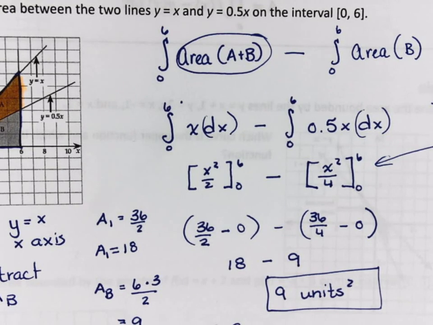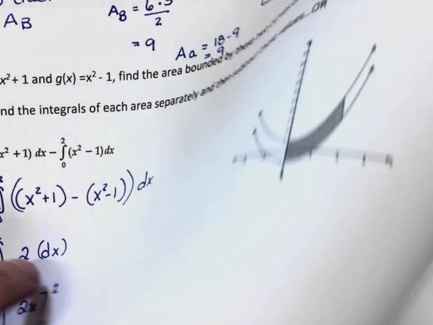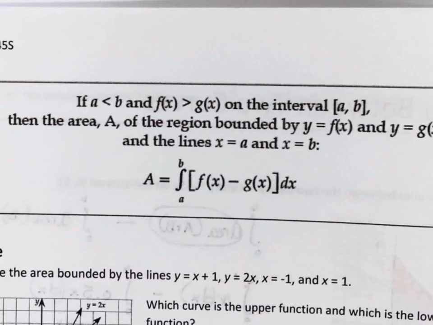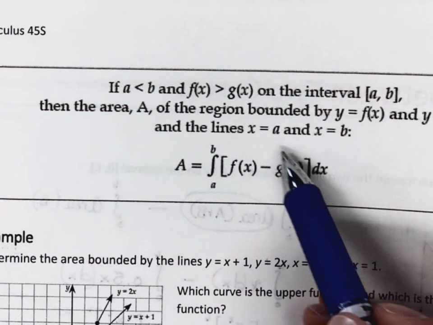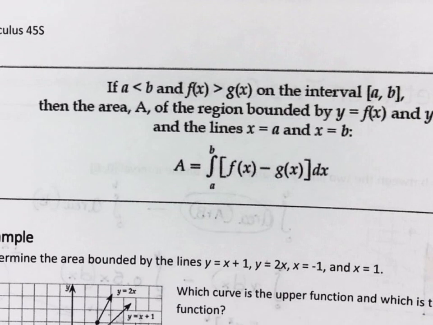Right? So we would do the differentiation on that. We would have got the exact same answer. So, just making things easier. Fast, fast, fast. So again, we can do them separately, or we can actually go ahead and subtract them before we do the integration to save ourselves some time.